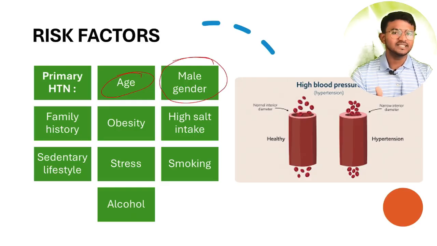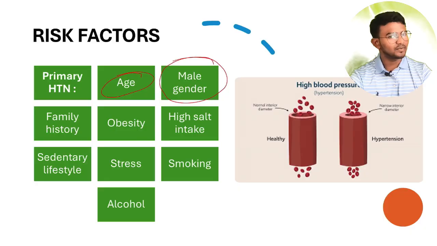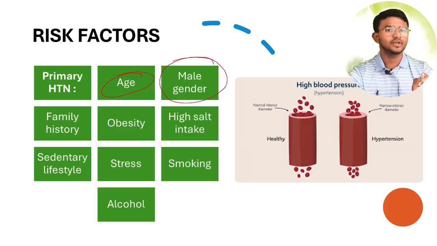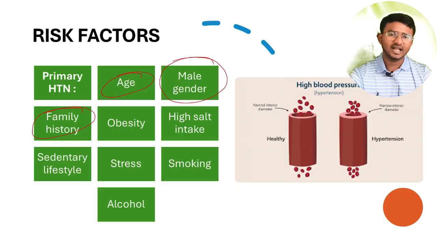Compared with females, males do not share everything, so the stress levels increase. In females, whenever they have problems, they express them. So males are very prone to get hypertension. Next one, family history. If in the family the mother or father has hypertension, the children will also get hypertension. So family history is very important.